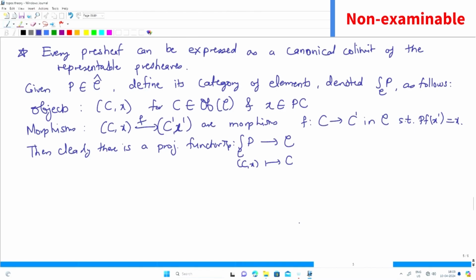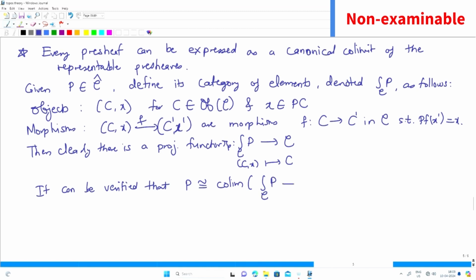but it can be verified that the adjoint will be the hom functor, hom(C, P). The colimit, that P is isomorphic to the colimit of this diagram.